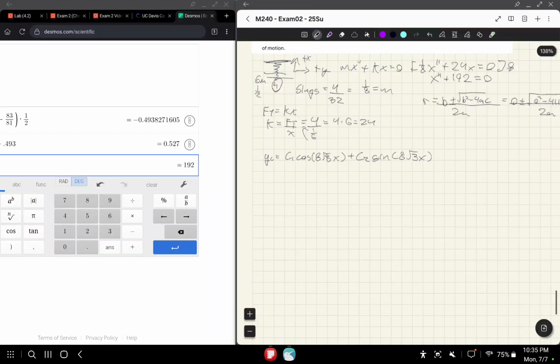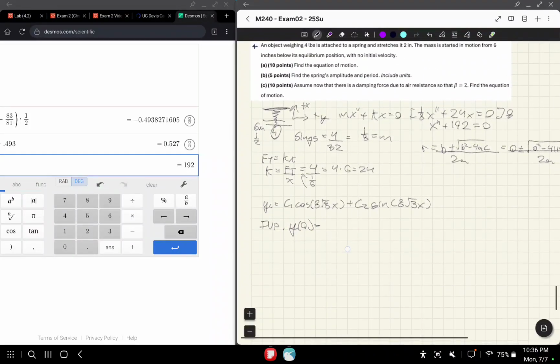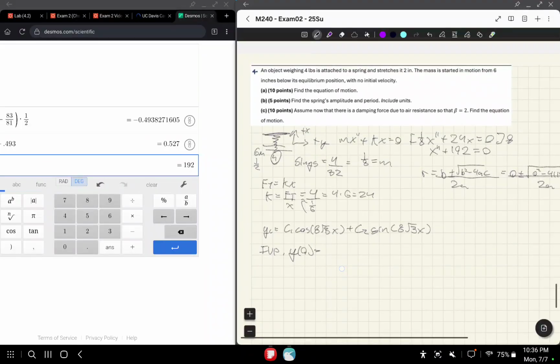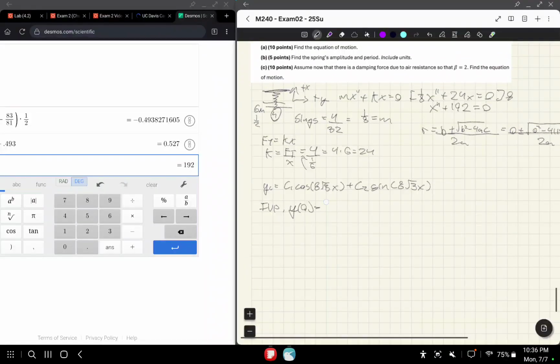After that, we have to solve for the constants with the IVPs. Initially, y(0) equals 1/2, since it went down 6 inches. Then y prime of 0 equals 0.